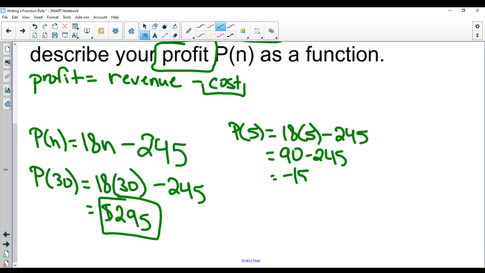It's negative 155. Okay, that's dollars. So I did this reason because mowing 5 yards doesn't make you a profit because this is negative. You're not going to earn a profit until this final value here is positive. Okay, and if it's 0, that's your breaking point. Okay?